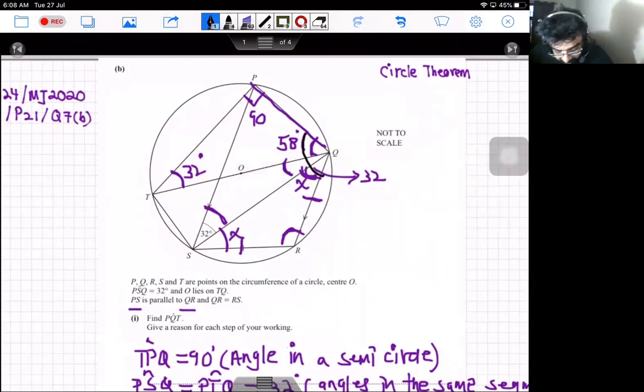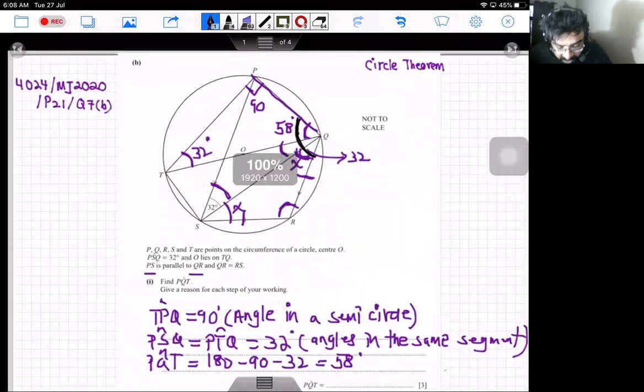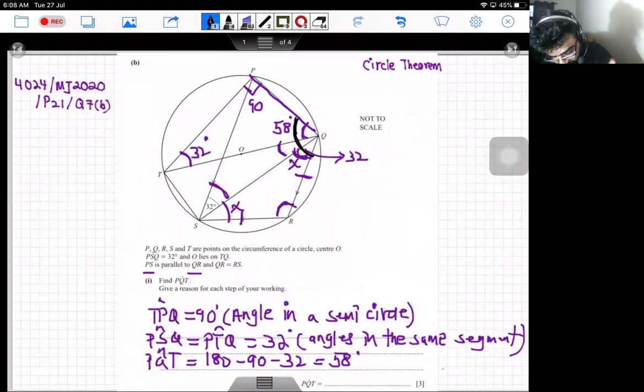First of all, you need to find the angle PQR, this one. As you can see, this four-sided shape PQRS is a cyclic quadrilateral, because all of the edges are touching the circumference of the circle. According to the property of a cyclic quadrilateral, the opposite angles are supplementary.